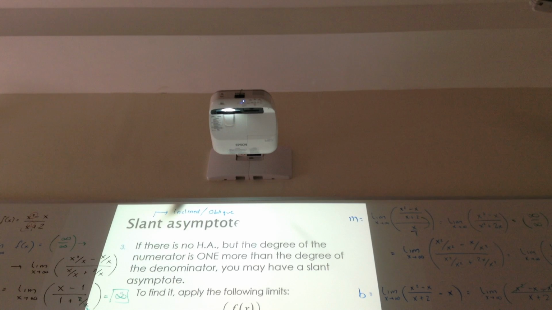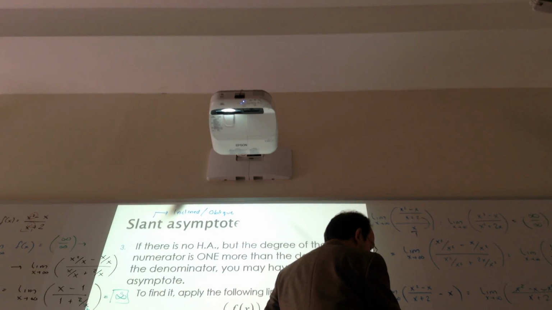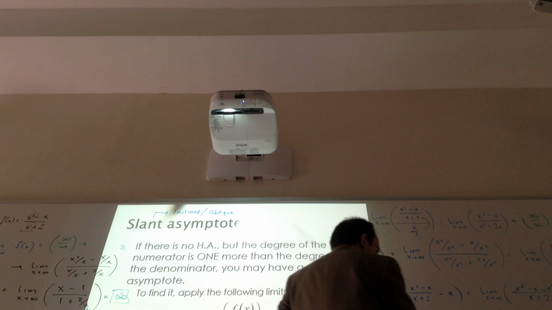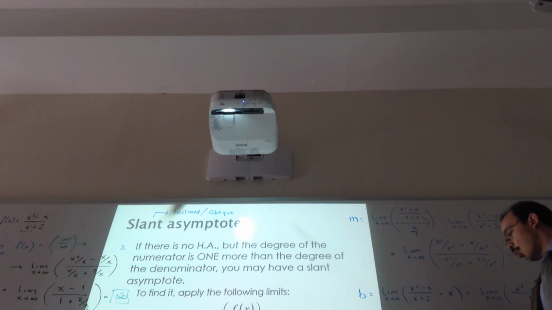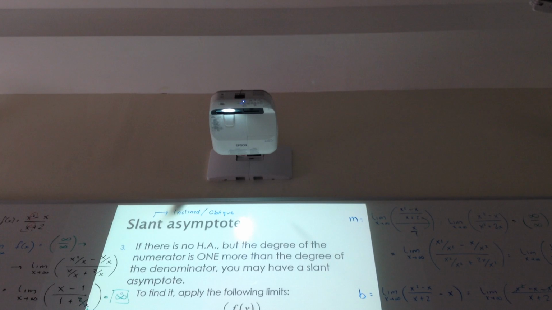So I found m, I found b. What's the equation of the slant asymptote? y equals x minus 3. Yeah, the slant. y equal to 1x, just x minus 3. And that's the slant. y is mx plus b.